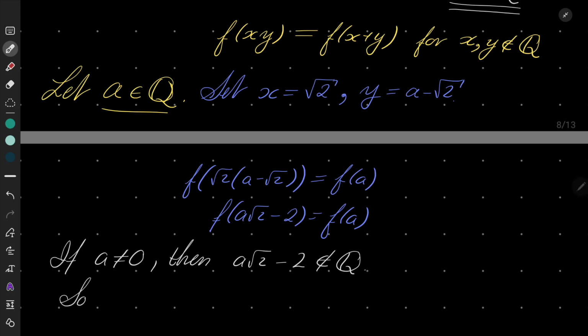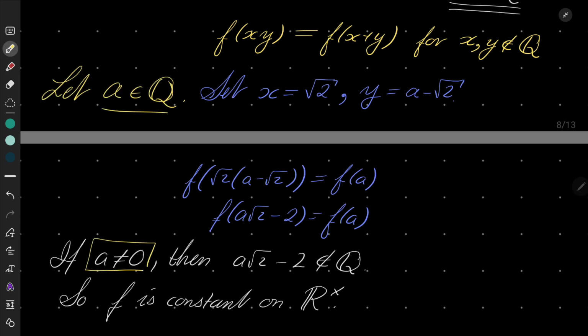So f is constant on the set of every non-zero number, but we don't know about 0 for now, because that argument works only for a which is non-zero.